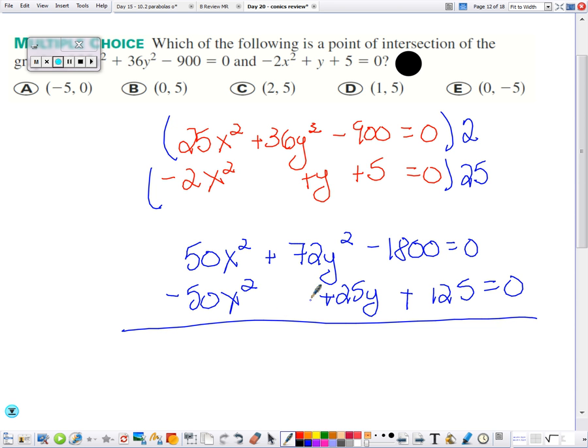So when we add these together, we get 72y squared plus 25y minus 1,675.